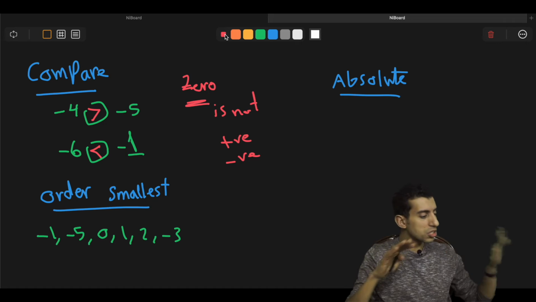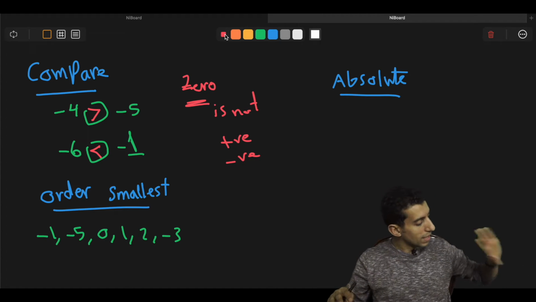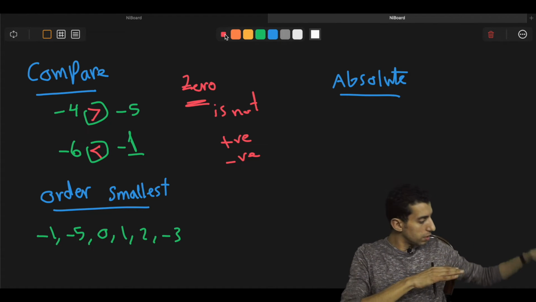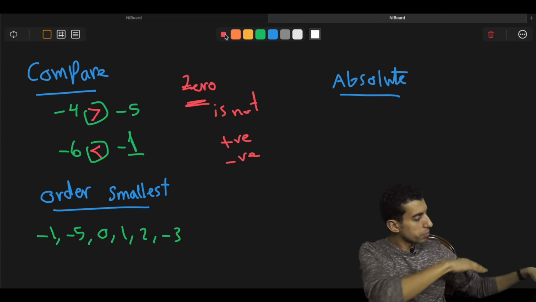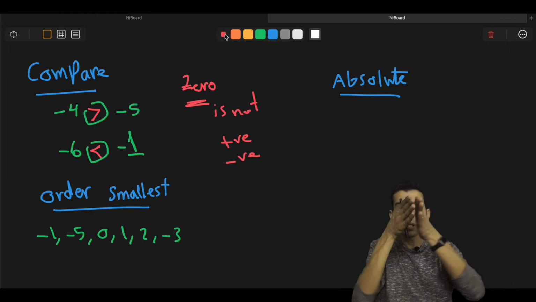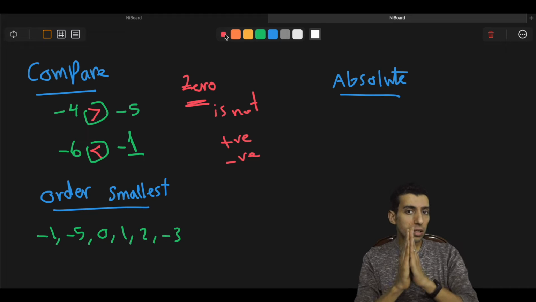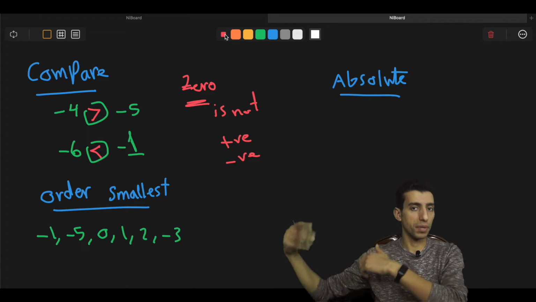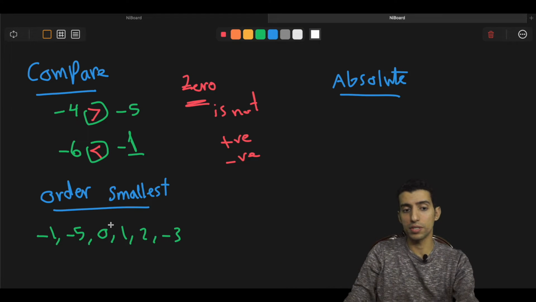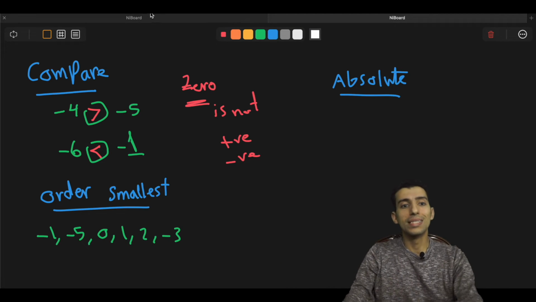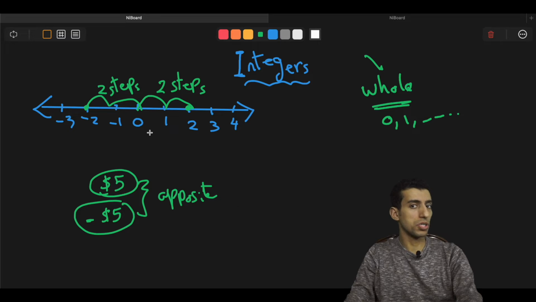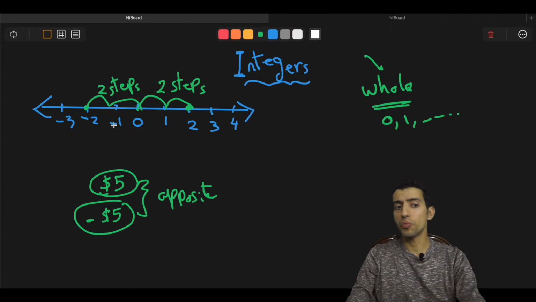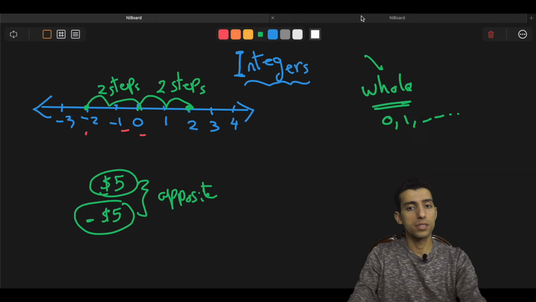It's like stairs. Negatives that are far away are very small, becoming bigger until they arrive at 0, and then from 0 to the positive area they become bigger and bigger. If you remember the number line, negative 3 is smaller than negative 2, smaller than negative 1, and so on, with 0 in the middle.